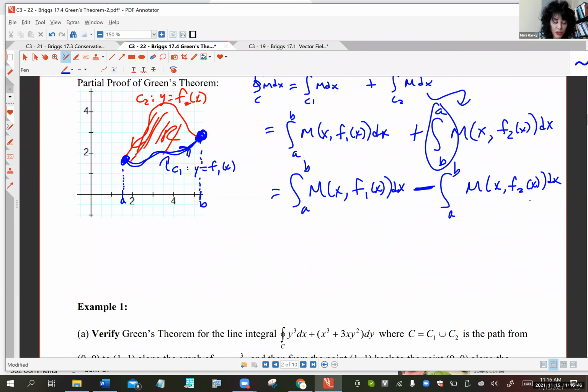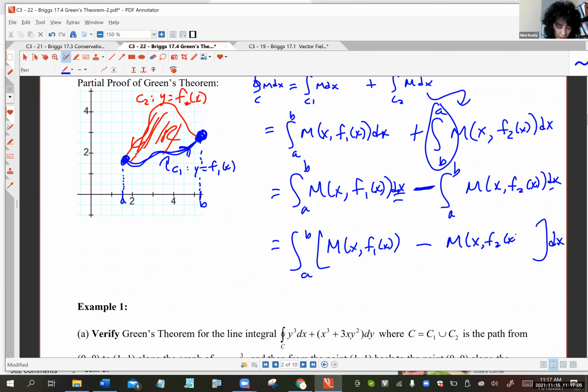But now these two integrals have the same limits, and they're both with respect to x. So we're just going to put all of it into one big integral, because we can do that. Okay. So I'm going to save that for later.